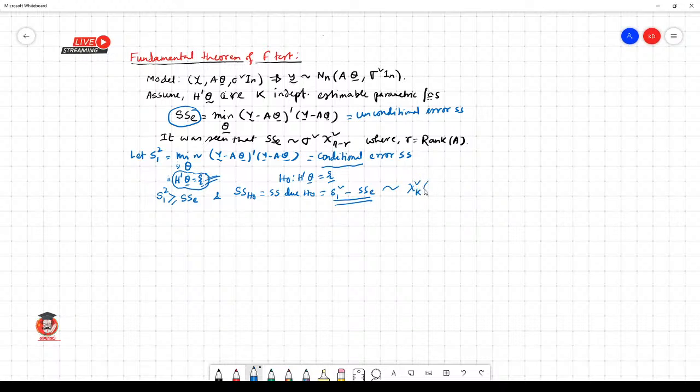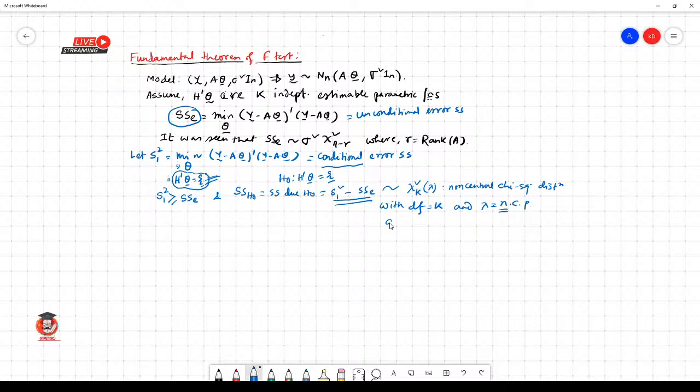This is a non-central chi square distribution with degrees of freedom k, and lambda is the non-centrality parameter, NCP.